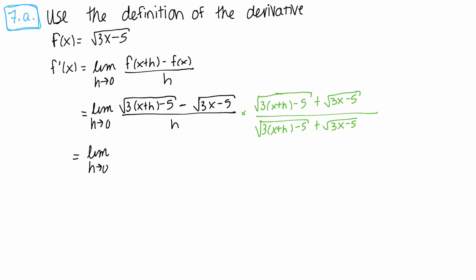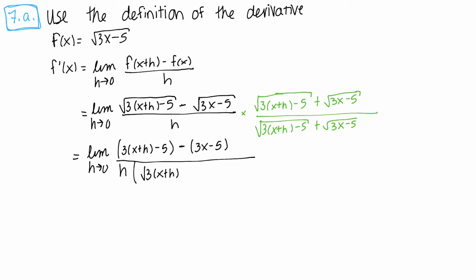In the numerator, that's going to cancel out the radicals because the middle terms are going to cancel completely. So you get 3 times x plus h minus 5 minus 3x minus 5. In the denominator, the h is still there, and don't forget to write that conjugate that you multiplied by. And parentheses, because that's important.